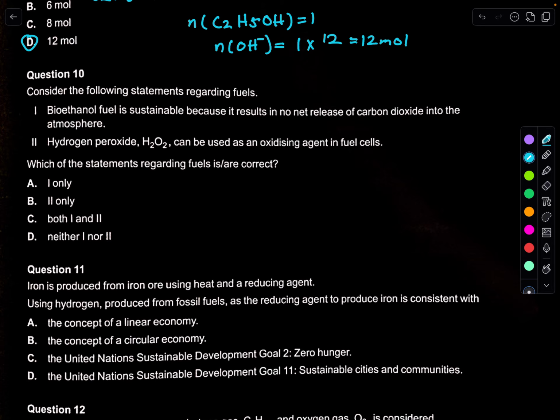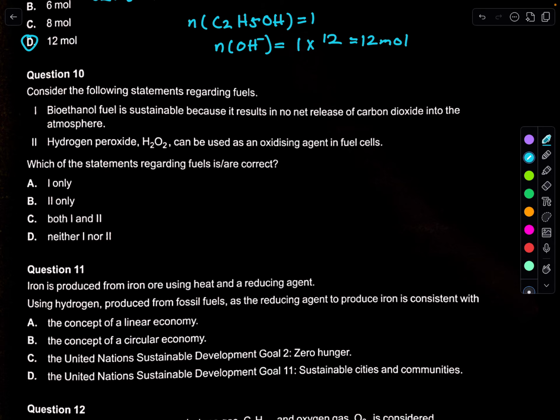It's actually not that sustainable, because what about the transport of bioethanol? Yes, we form a lot of it. The problem is transporting it, and the CO2 that's released from the cars. It is kind of sustainable, but when it says no net release, of course there's a net release.